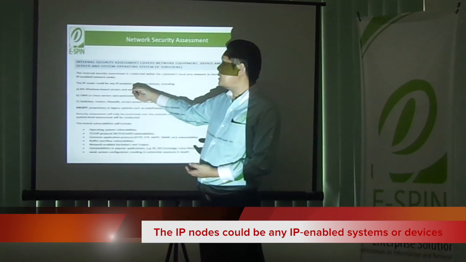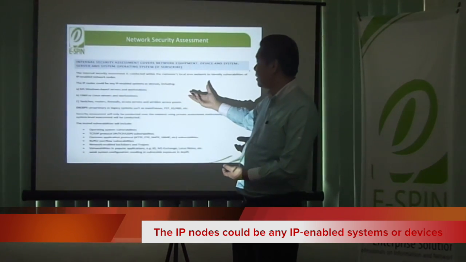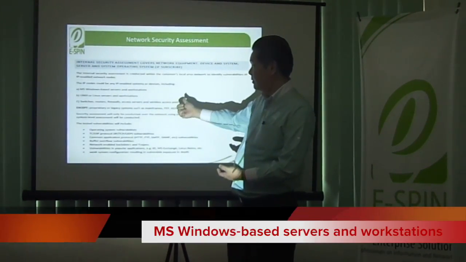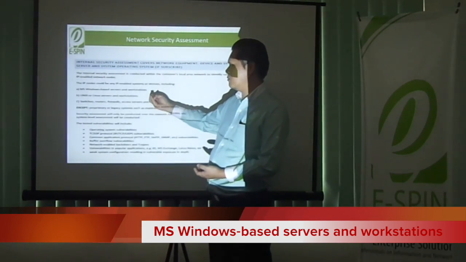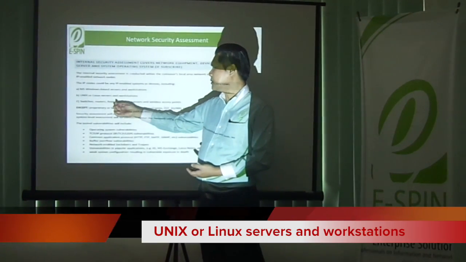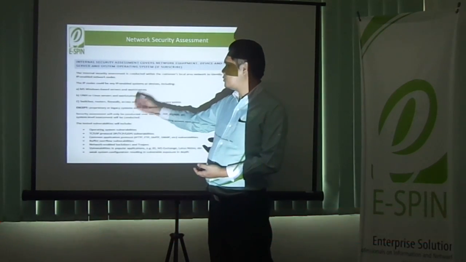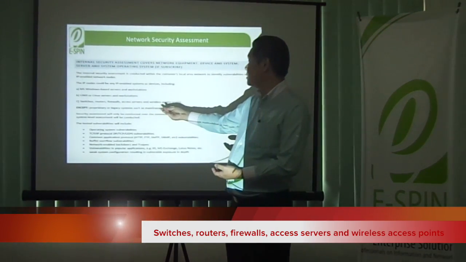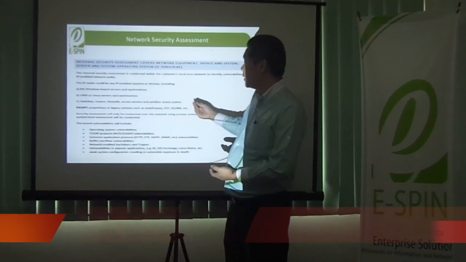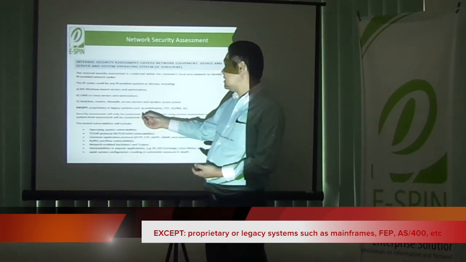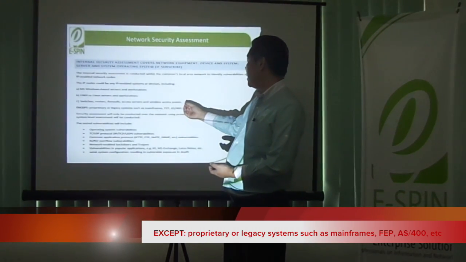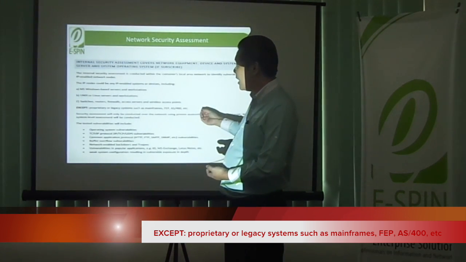So the IP node can be any IP-enabled system or device. Typically we talk about the Windows-based server and workstation, Unix or Linux server and workstation, switch, router, firewall, access server, and wireless access point, right? Except proprietary or legacy systems such as mainframe, AS400, etc.